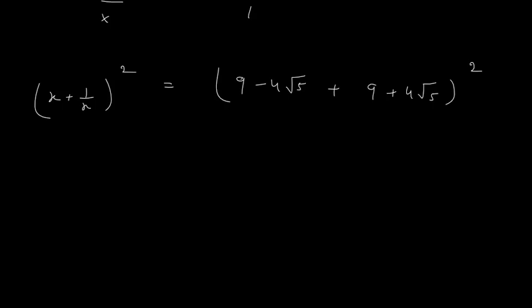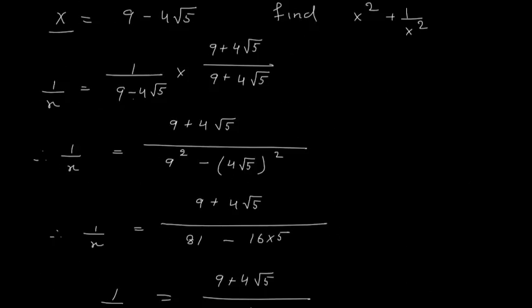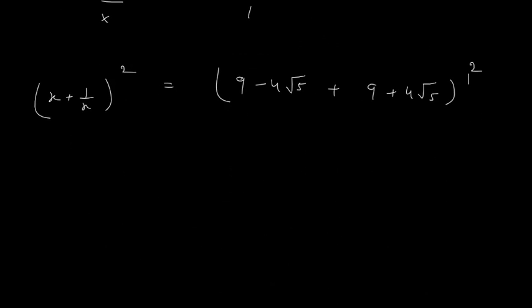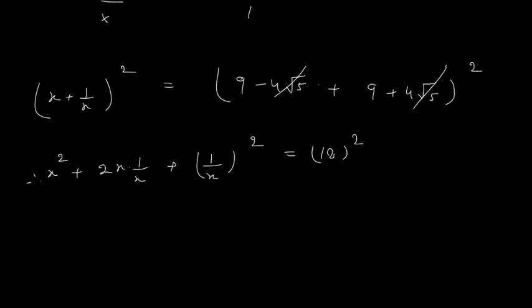X plus 1 upon x, x is 9 minus 4 root 5 and it is 9 plus 4 root 5. So therefore here I have x square plus 2 into x into 1 upon x plus 1 upon x the whole square, and here plus minus cancel, 9 plus 9 is 18, it is 18 square. So this x will also cancel.